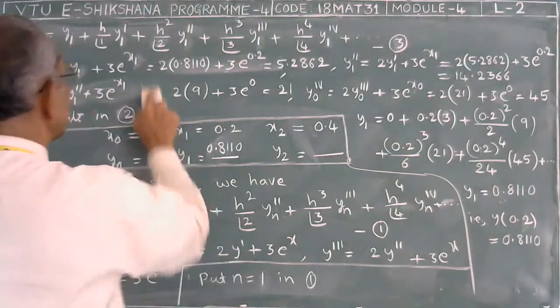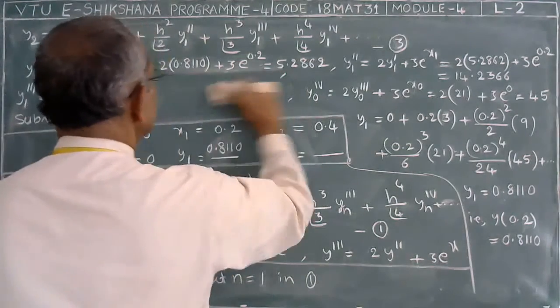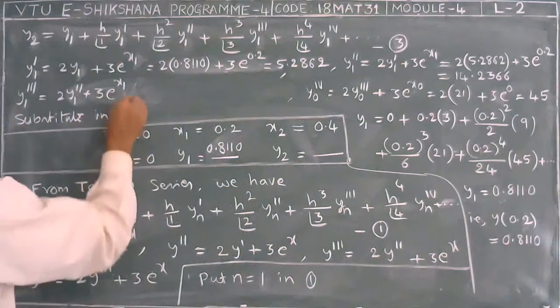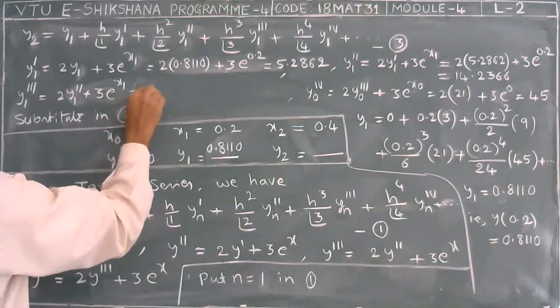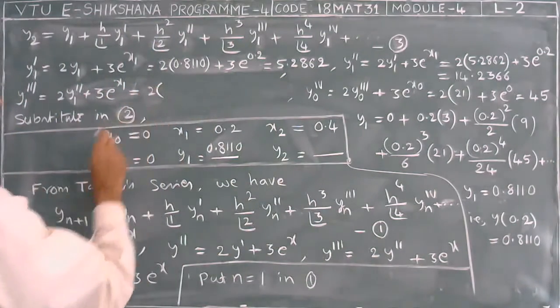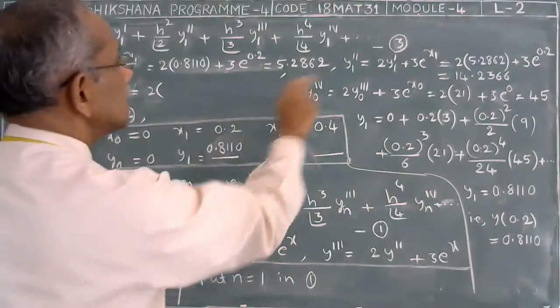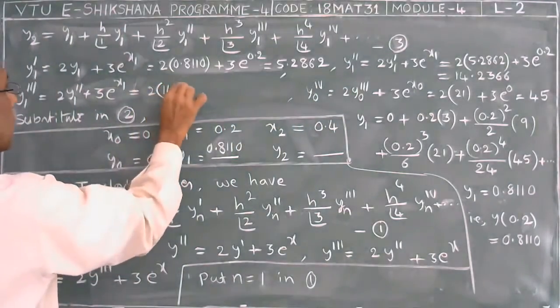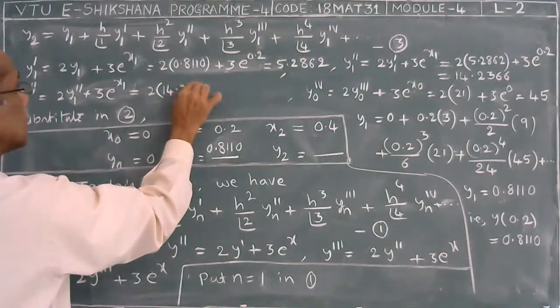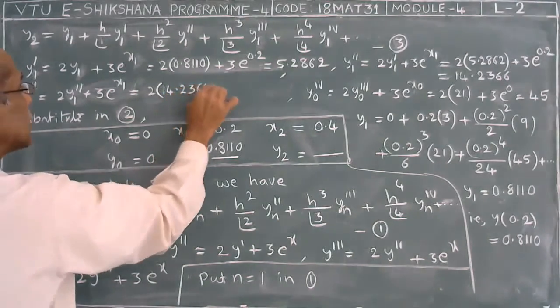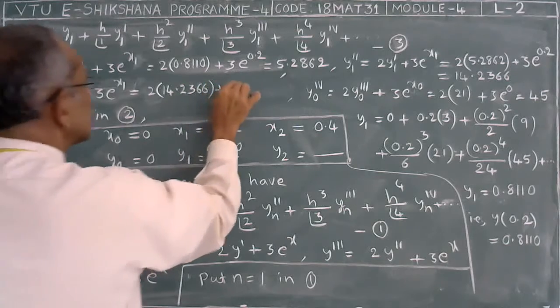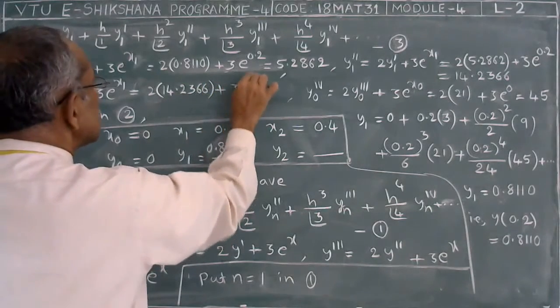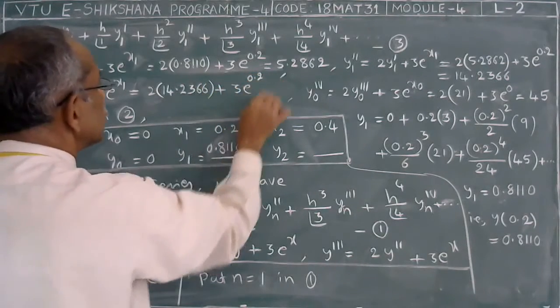So this is equal to two into y1 double dash, 14.2366, plus 3 e power 0.2.